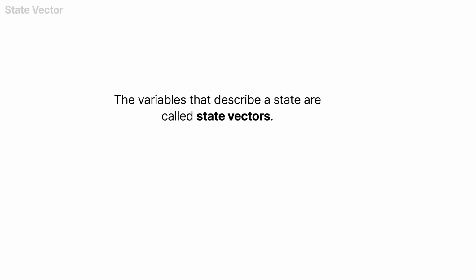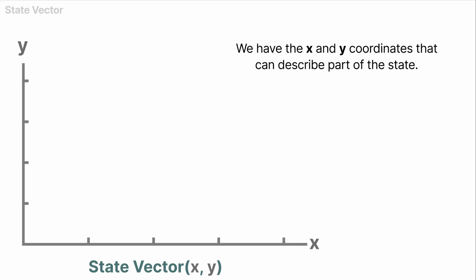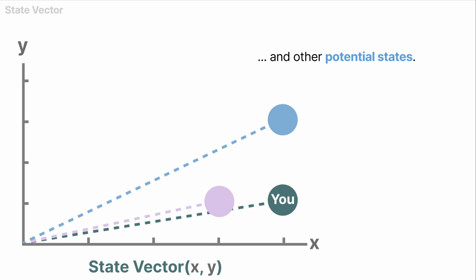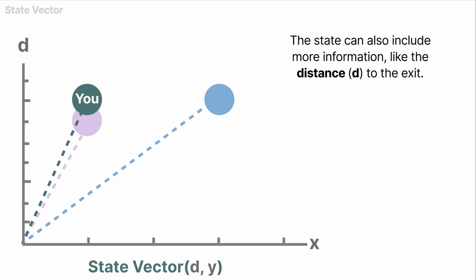The variables that describe a state are called state vectors. We have the x and y coordinates that can describe part of the state, such as your current state, but also the potential next state and other potential states. The state can also include more information, like the distance to the exit.